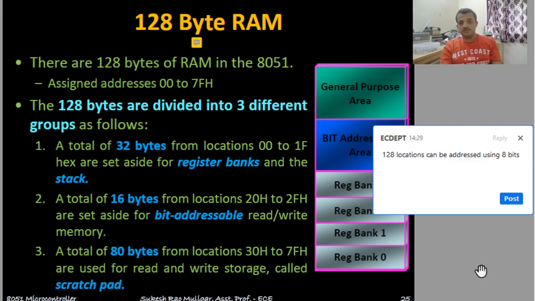So that's the basic maths. 128 locations can be addressed using 8 bits.